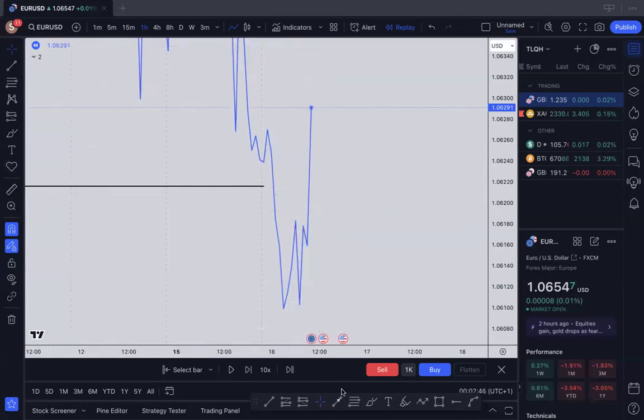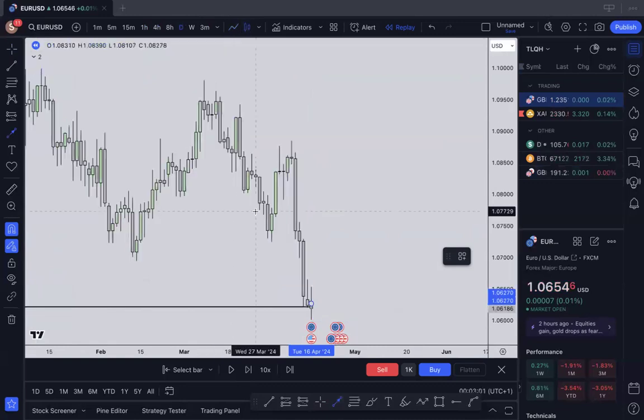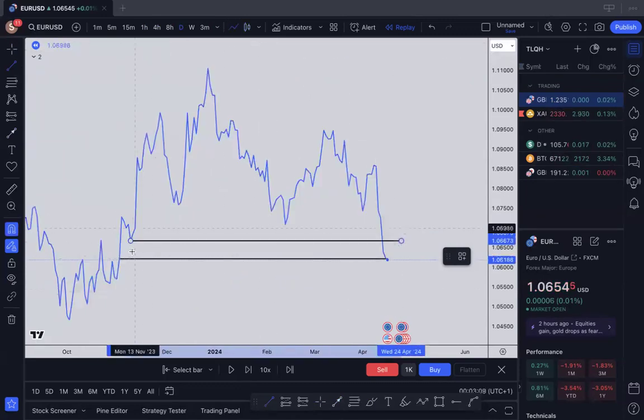And then you see here that we get that QM. So we have the liquidity grab right there and the QM right there. Okay. And now on the daily, where is our next level? Well, our next level on the daily would be this low here. See that low.